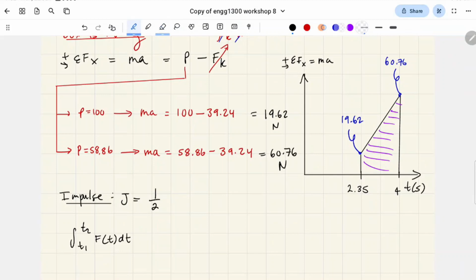You want to take the average height and multiply it by the base. The way you do that is average of two numbers. It's like that. Agree? Average of those two heights is like that, multiplied by this base.